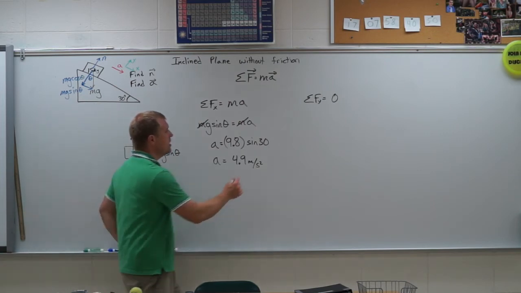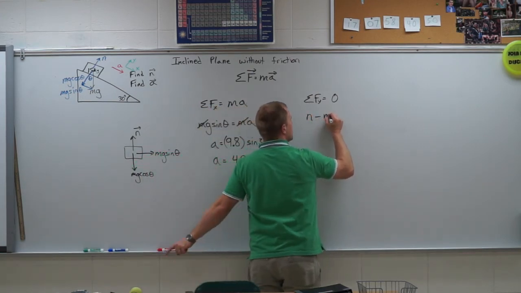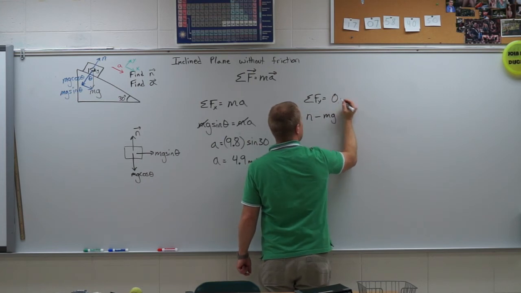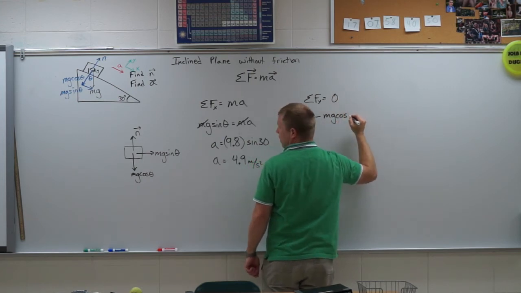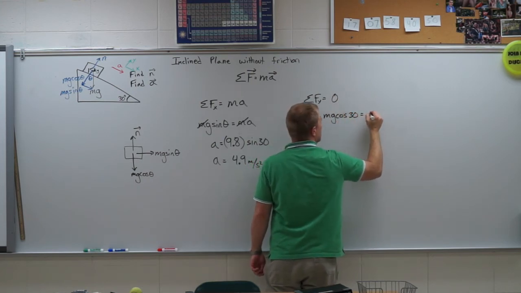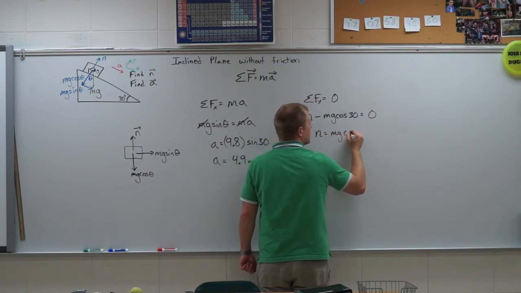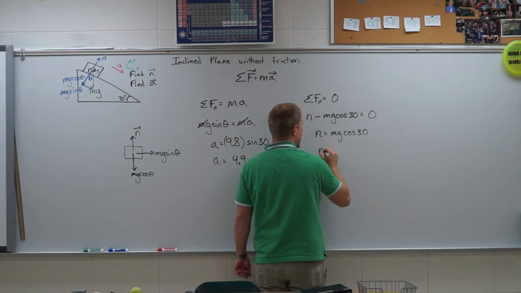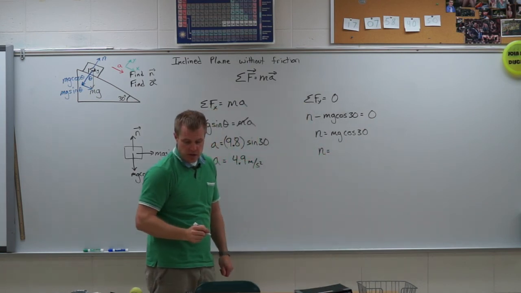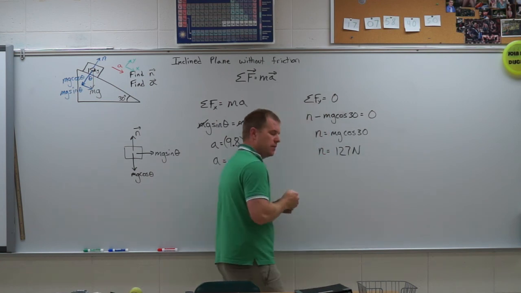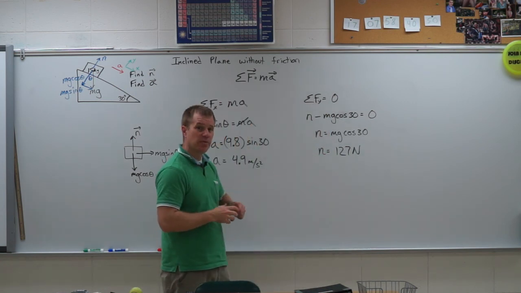So in the y direction, I have normal force minus mg cosine of 30 equals 0. So the normal force is now mg times the cosine of 30. And so you can type that in your calculator. You'll get a normal force of 127 newtons. We'll need that when we do friction.